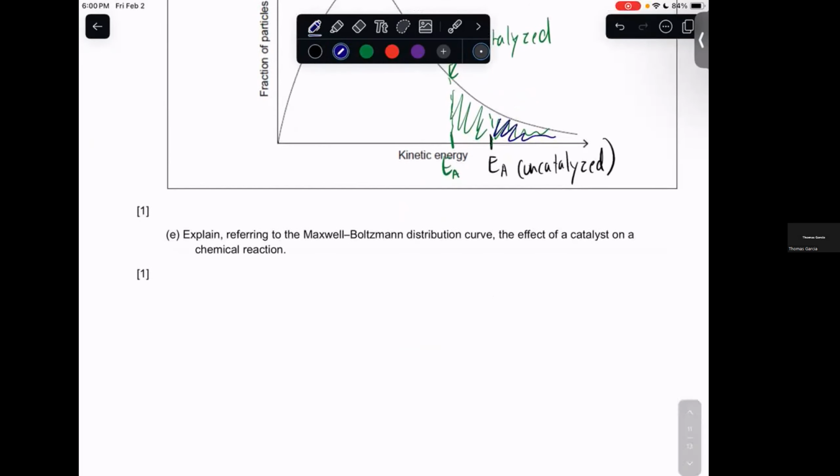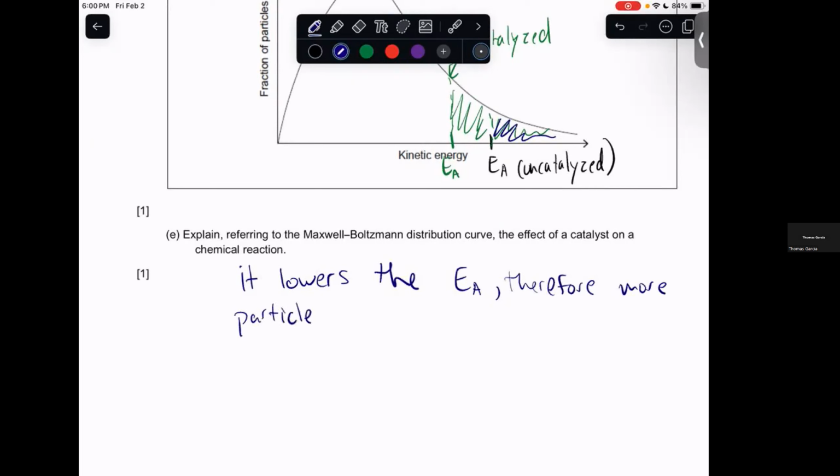All right, explain, referring to the Maxwell-Boltzmann distribution curve, the effect of a catalyst on a chemical reaction. It lowers the activation energy, therefore more particles can react as they have the requisite energy.